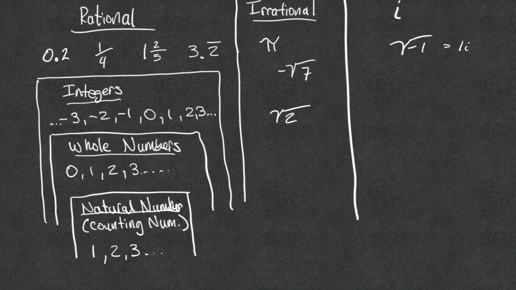However, not all whole numbers, specifically I speak of 0, are natural numbers. Not all integers are natural numbers, because there are no negative numbers in counting or natural numbers. All right, hope that makes sense.